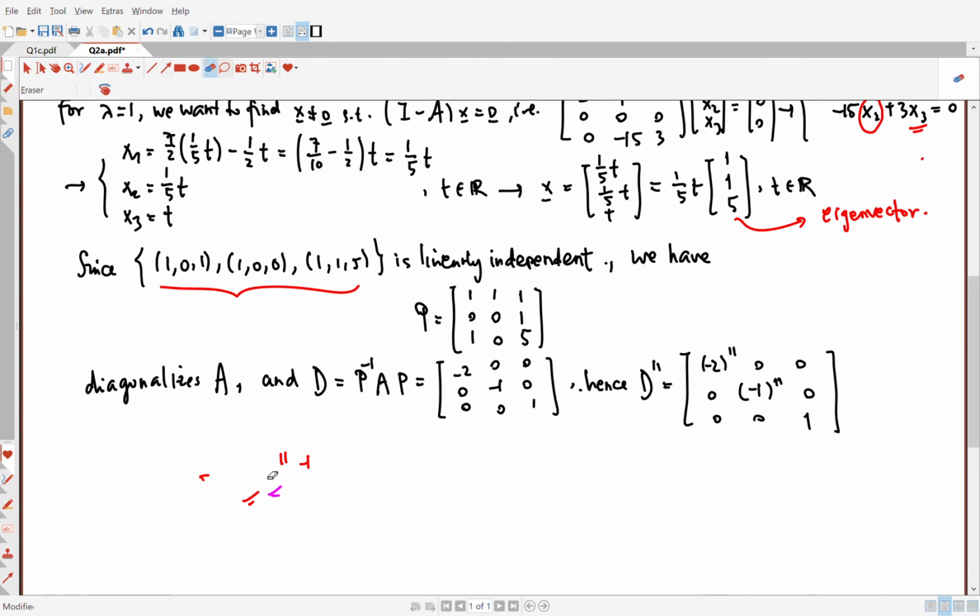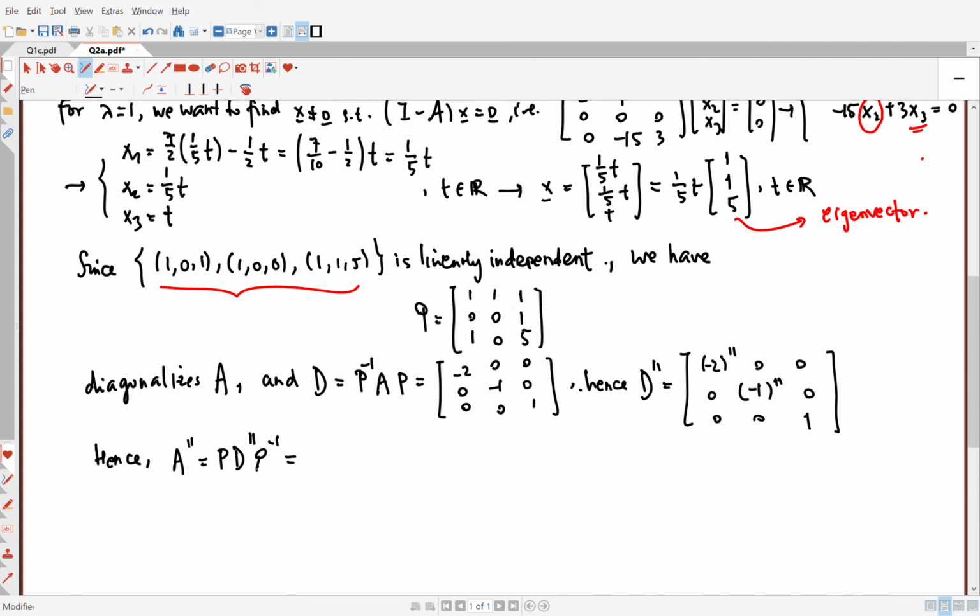I'm sure you can do P inverse, so I will just skip that. Hence, I'll just copy the answer. A to the power of 11 is just P D to the power of 11 P inverse.